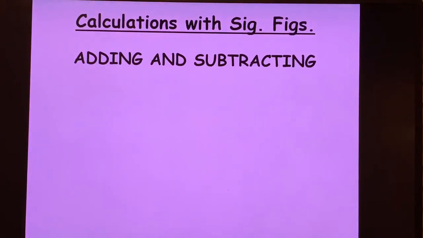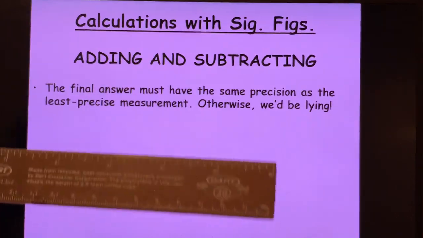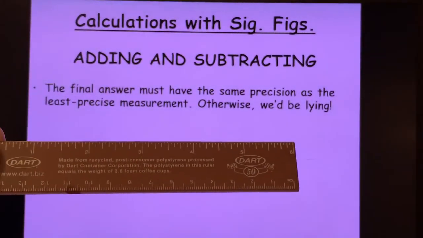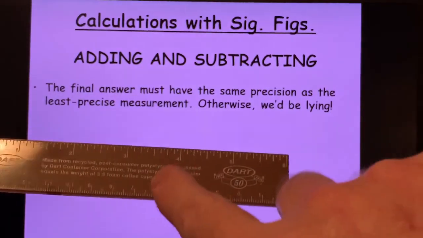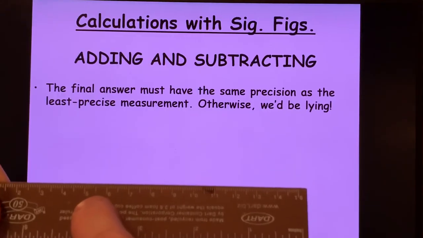So how do we do calculations with significant figures, like adding and subtracting? The final answer must have the same precision as the least precise measurement. Otherwise, we'd be lying. We can't say that our scale or our metric ruler can measure something beyond what its capabilities are. So if I have a metric ruler that has certain increments on it, I'm not going to say that I measured it to the 100th place when I can only measure, if you look here, these are centimeters, to the 10th place.